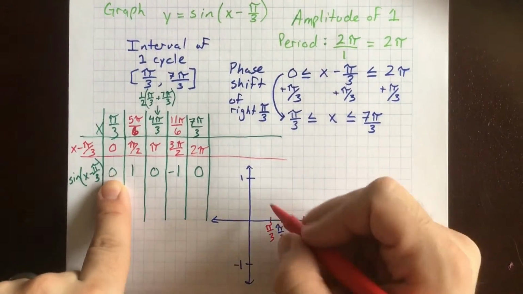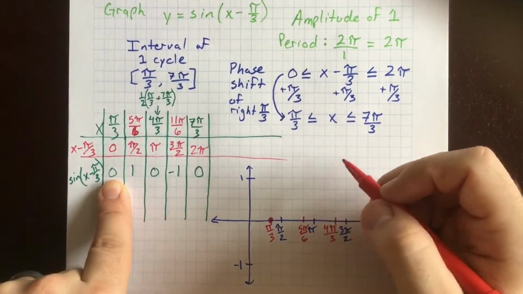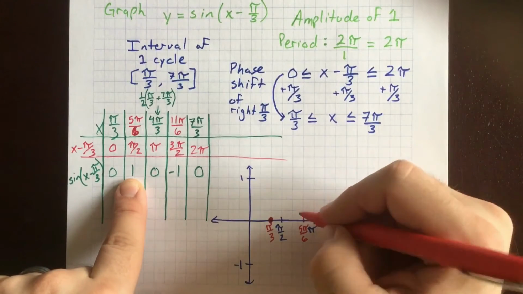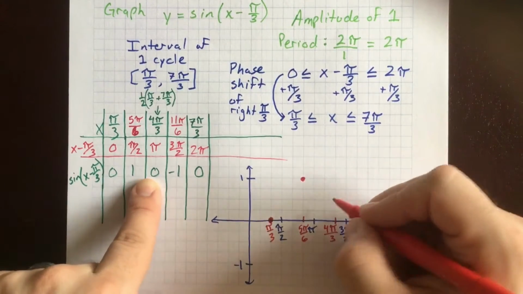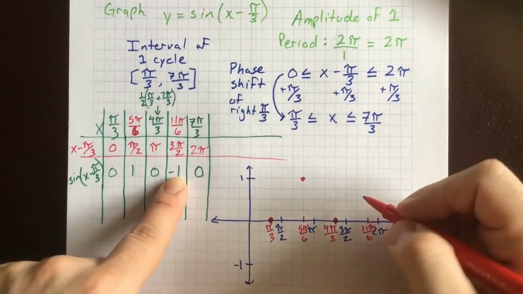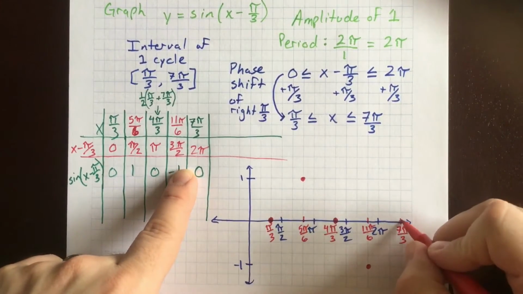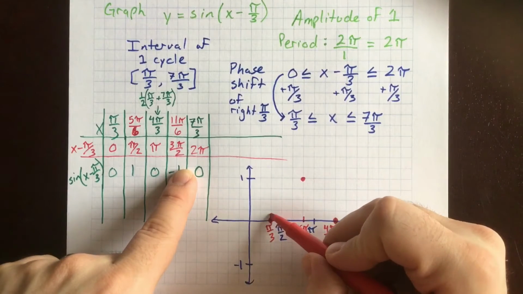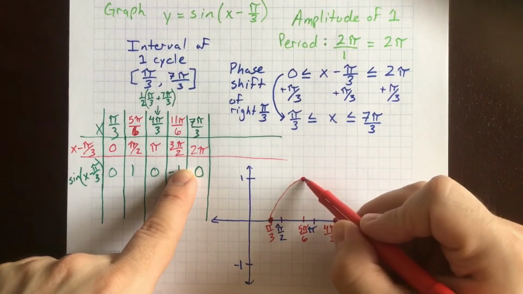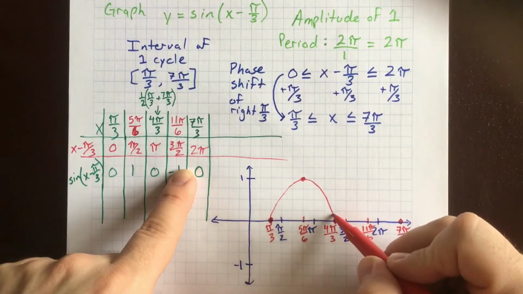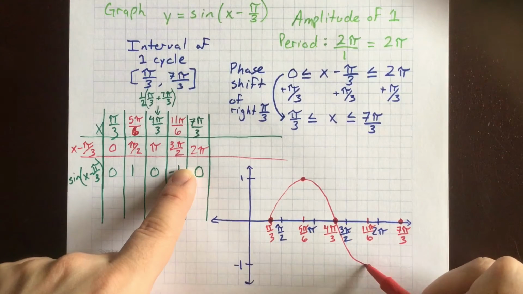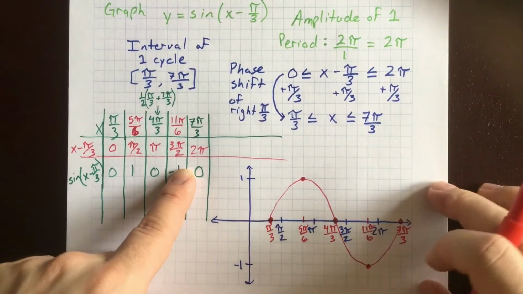So now we go down. First value, 0. All right, so 5 pi over 6, we're at 1. Then we're at 0. Then we're at negative 1. And back at 0. And we draw our graph. There we go.